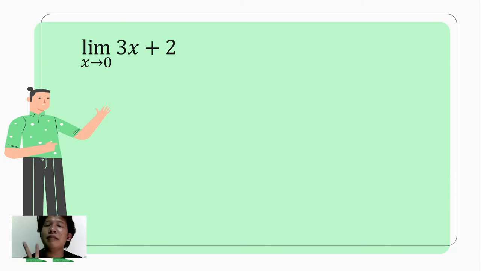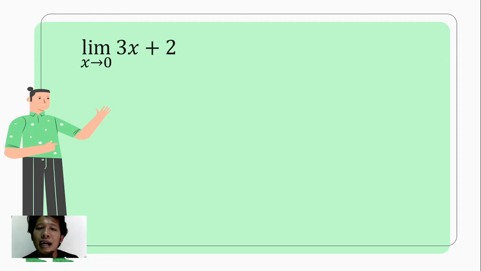So, there would be two cases kung saan nag-a-approach tayo sa 0. It's either we approach 0 na yung value natin ay manggagaling sa right, at meron din naman tayong case na x approaches 0 to which yung values natin ay manggagaling sa left.